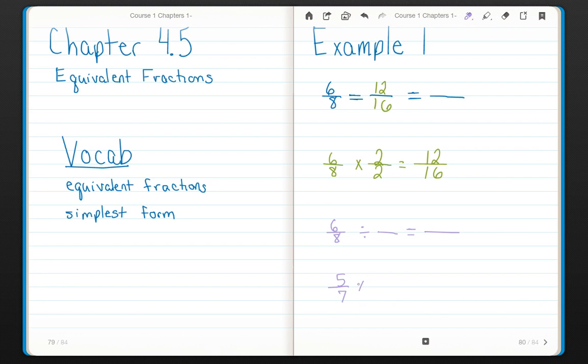But every fraction can be increased by multiplying by the same number. So 15/21 is equivalent to 5/7. I can always increase, I can't always reduce.